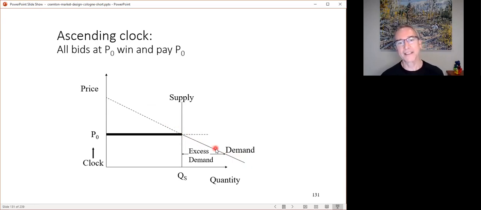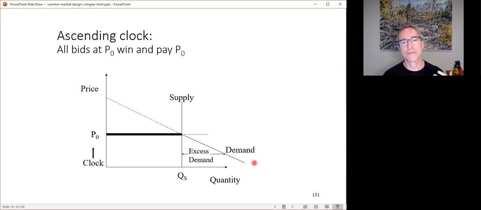Now, when we're conducting this ascending clock auction on the internet, it doesn't matter whether the goods are perfectly divisible or lumpy. The way we do it is rather than in continuous time, we do it in discrete time, because communication is much more reliable.